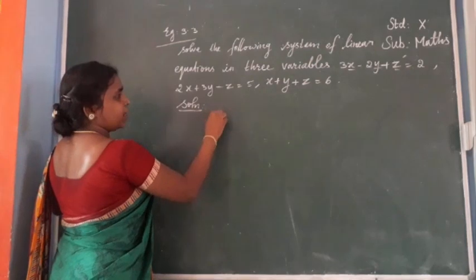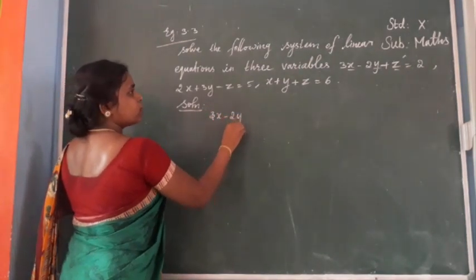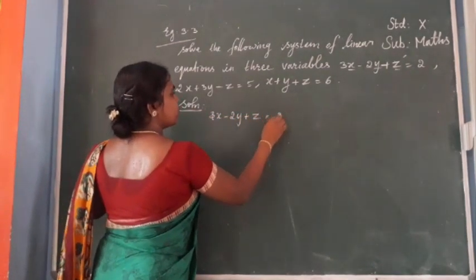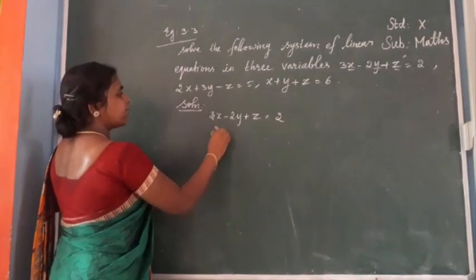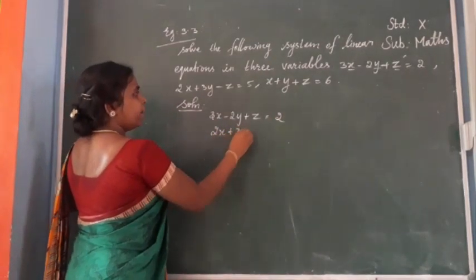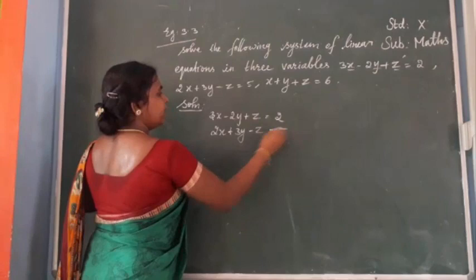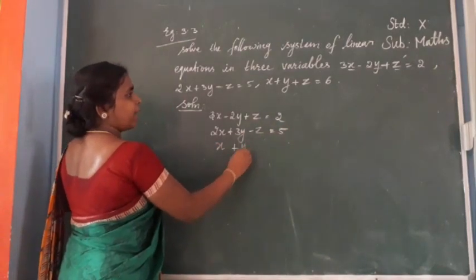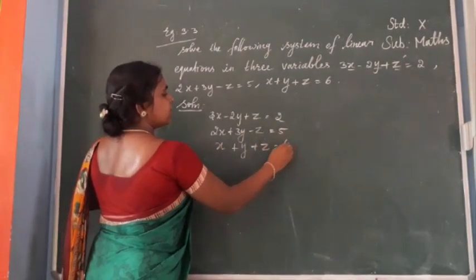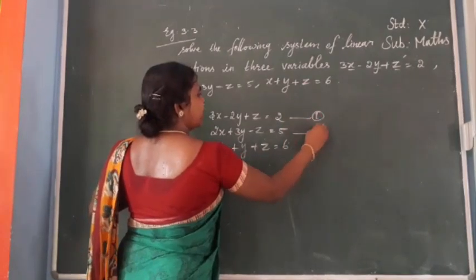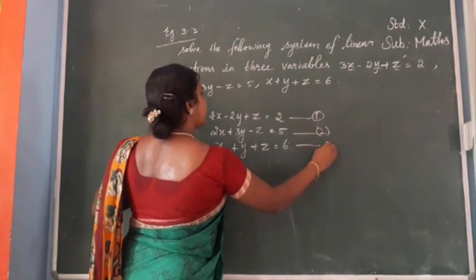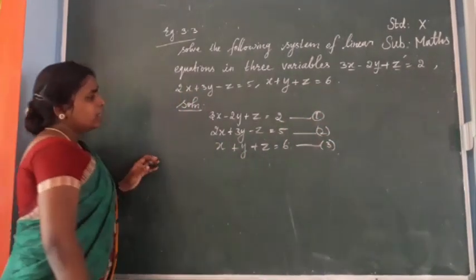First equation is 3x minus 2y plus z equal to 2. Next one is 2x plus 3y minus z equal to 5. Next one is x plus y plus z equal to 6. This is equation 1, equation 2, this is equation 3. Okay.